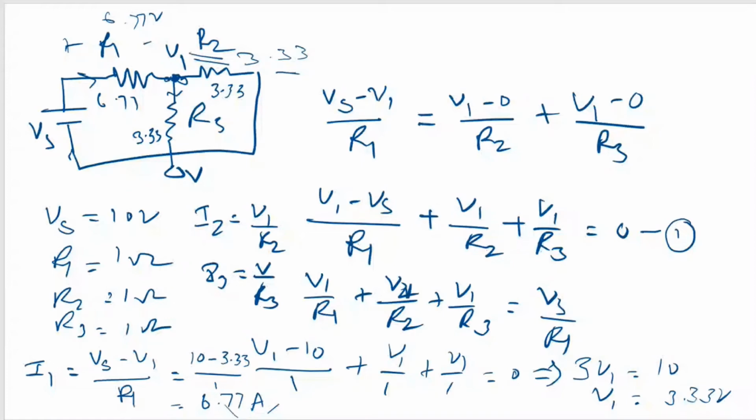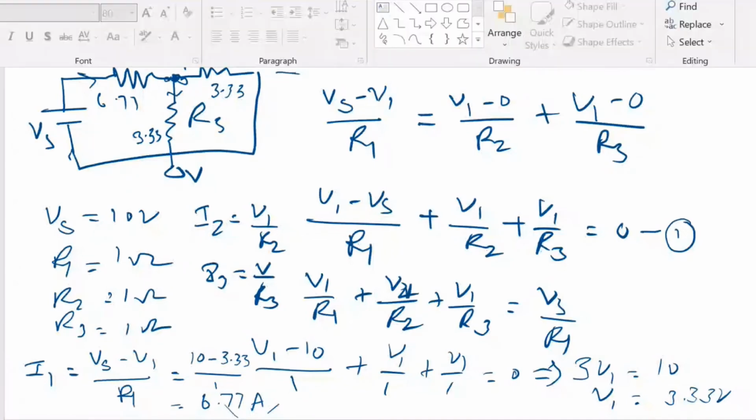I'm going to give you one more problem so that we can do it with ease. Now let us take this problem and try to write the equations using nodal analysis. This is positive, negative.